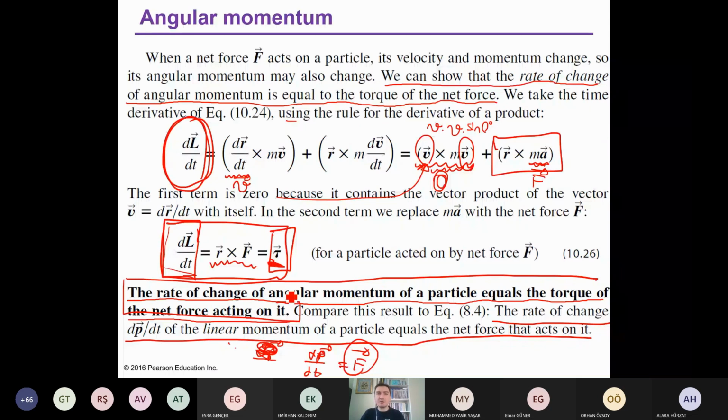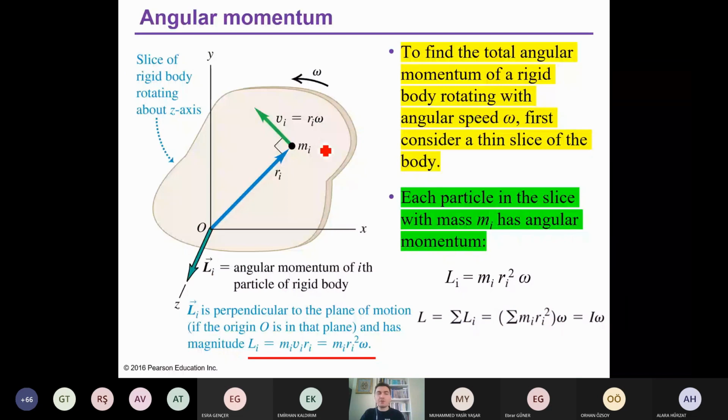Let me continue with the rigid body, and to find the total angular momentum of the rigid body, let's consider this is the rotation axis, and this rigid body with this shape is rotating around the z-axis. It has a certain angular speed. What is the total angular momentum of this rigid body?